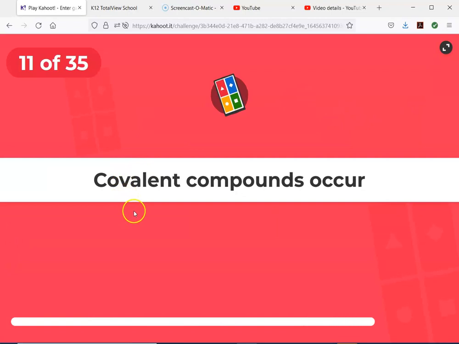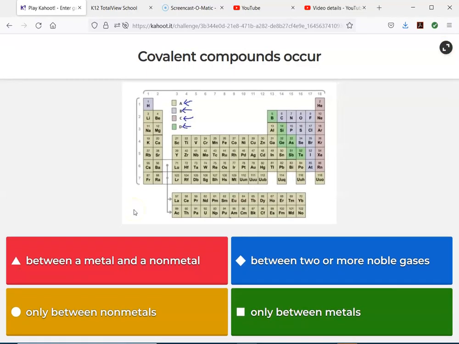Covalent compounds occur. Oh, same thing. We've got our same periodic table. So we know we've got our metals. The green stair steps are the metalloids. The blue ones are the nonmetals. And then the red ones are the noble gases. So what we have to do here is remember the definition of a covalent bond.